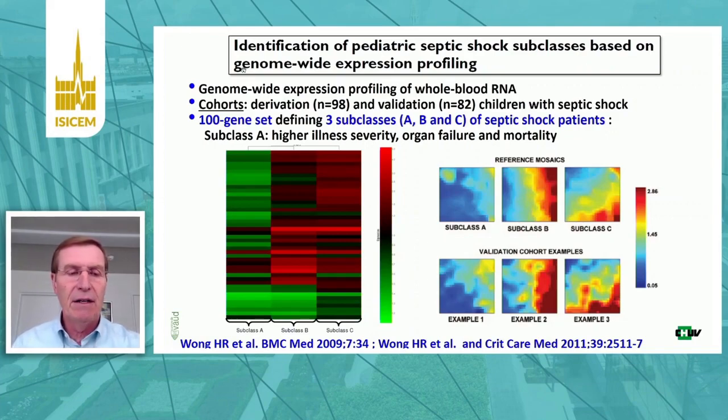Based on sets of 100 genes, the author, Hector Wong, and his colleagues classified patients into 3 subclasses. And these were pediatric patients. As you can see here on the right-hand side, this is a follow-up study that showed that subclass A, based on these 100 genes, was associated with a higher mortality.